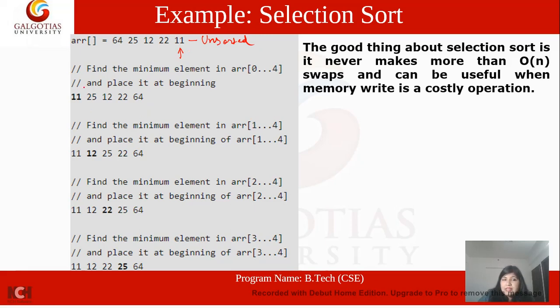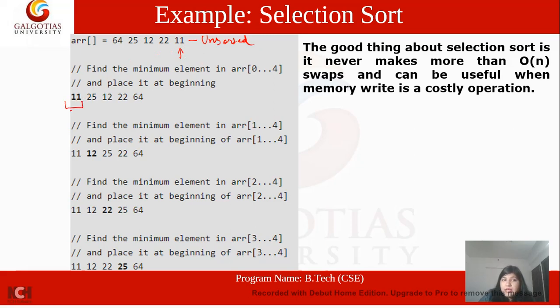Make two sub-arrays in which we keep this 11 at the beginning position. First we covered from 0 to 4, the full length, and then we found the minimum value. Once this minimum value is detached and kept at the beginning, now we have two arrays.